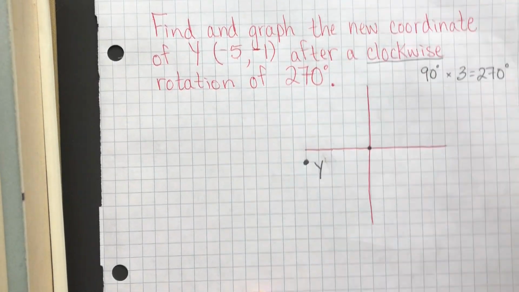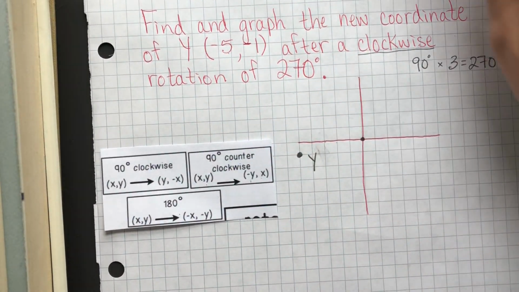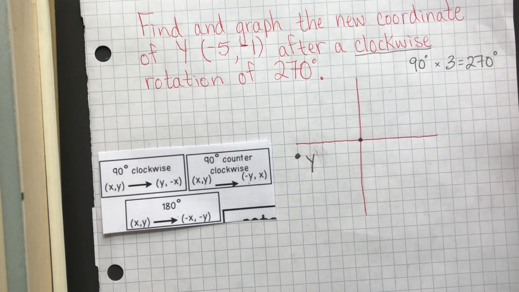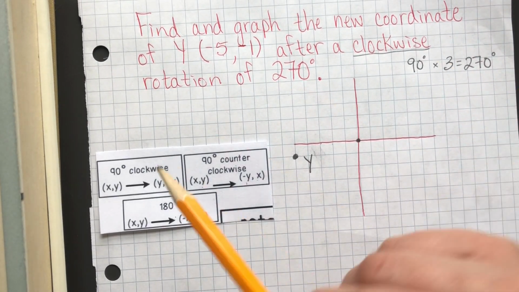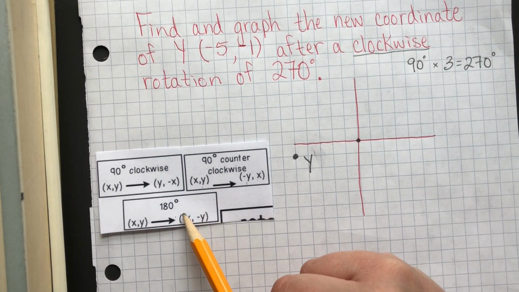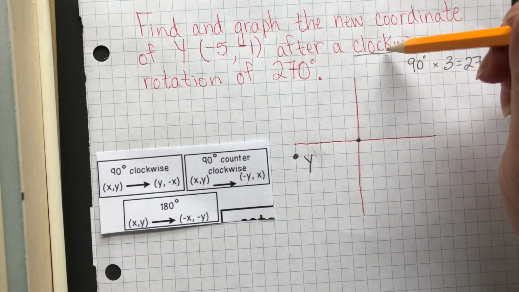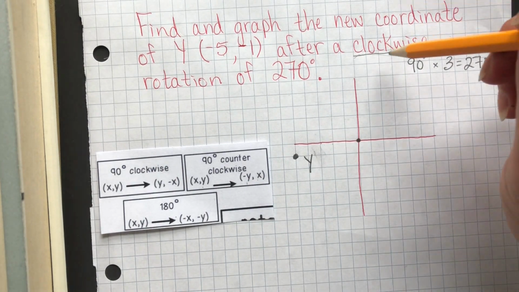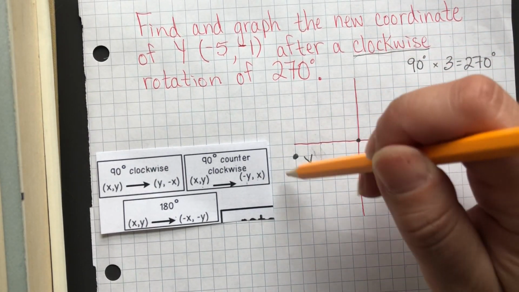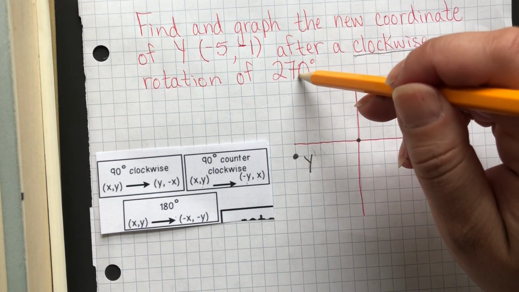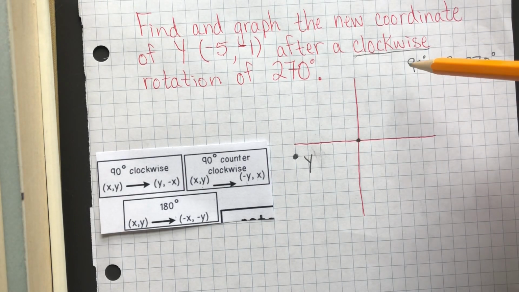Okay. Now, we are rotating 270 degrees. So the first thing I'm going to do is rotate it 180 degrees. But before I do that, I'm going to figure out where approximately I should end up. So I'm going clockwise, so that's the direction of the clock. 270 would be 3 rotations of 90.